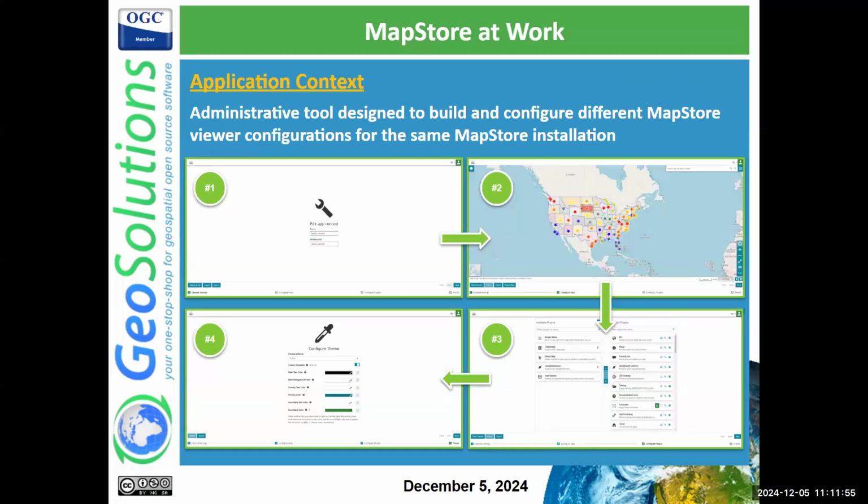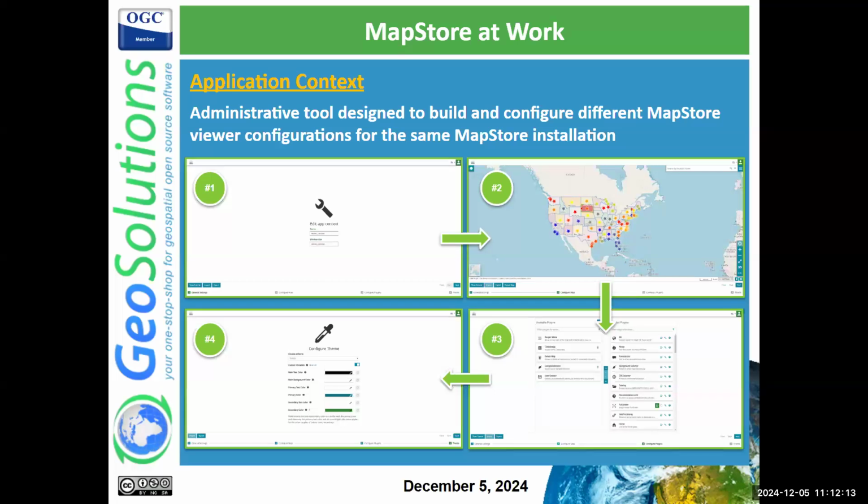Finally, the application context system provides an administrative tool where map viewers can be configured directly from the user interface by administrators.